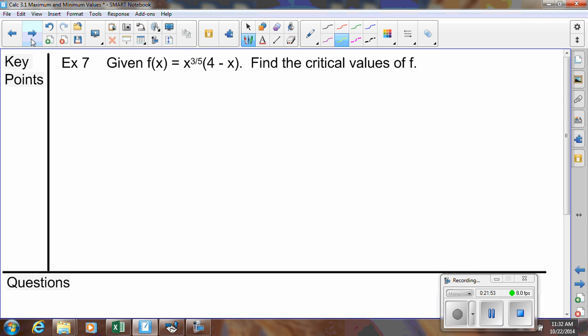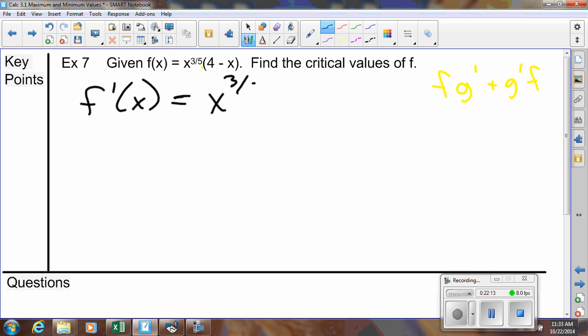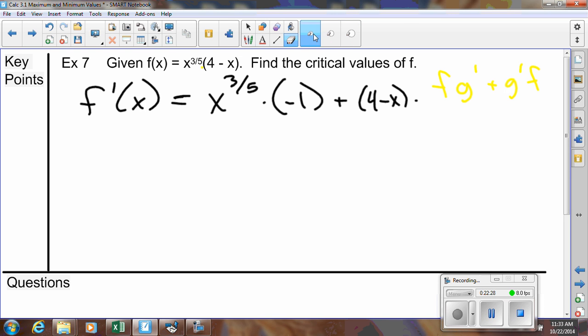So let's get f prime of x. What do we need to do? Well, it's a product, so we will need to use the product rule. We would have the first function multiplied by the derivative of the second. That's -1. Plus the second function multiplied by the derivative of the first function.